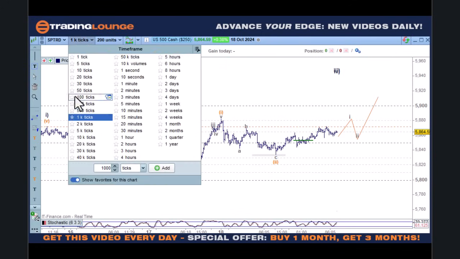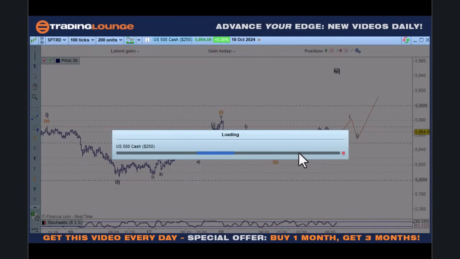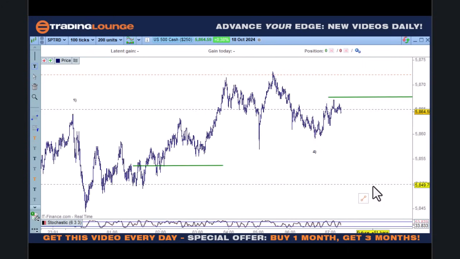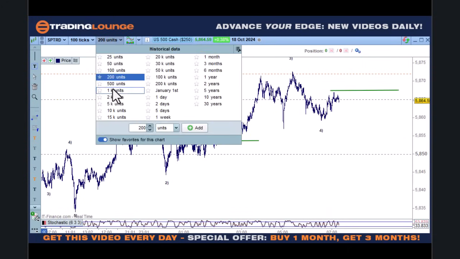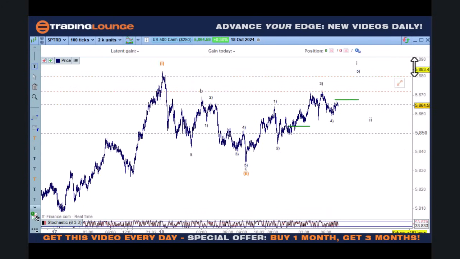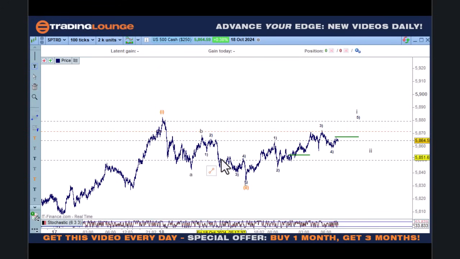But we can just go into the 100 area here and have a look at this point again. So in this case, we've just got this 1 here and 2 here, and 1 and 2 and 3 here, and 4. So it'd be nice to take that top out here and then have an ABC here. So this is one way of looking at it.